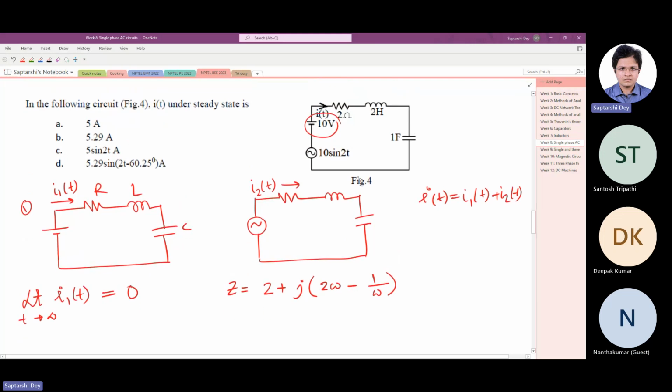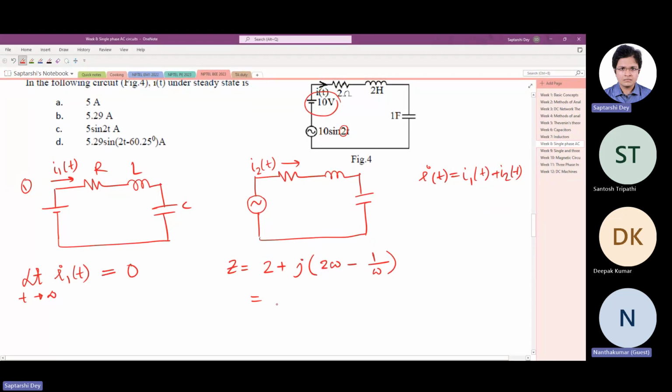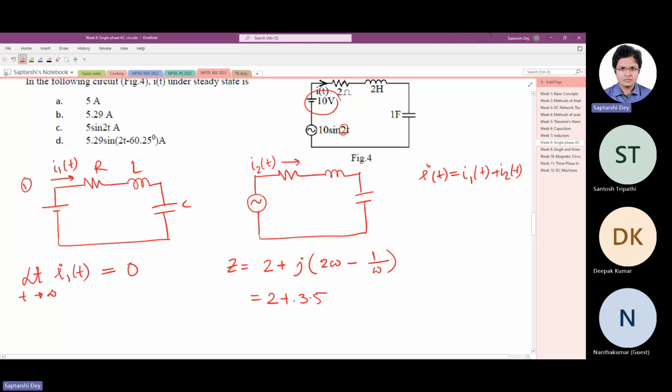What is omega? Sine 2t they have written here, so omega is 2. So what we have is 4 minus half, that is 3.5. So Z is 2 plus j3.5. This is the impedance of this circuit at the given frequency. Now the current is 10 sine 2t.